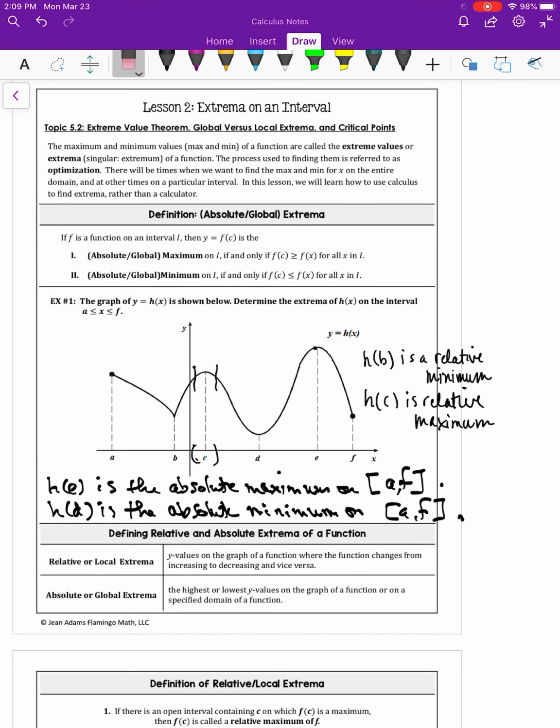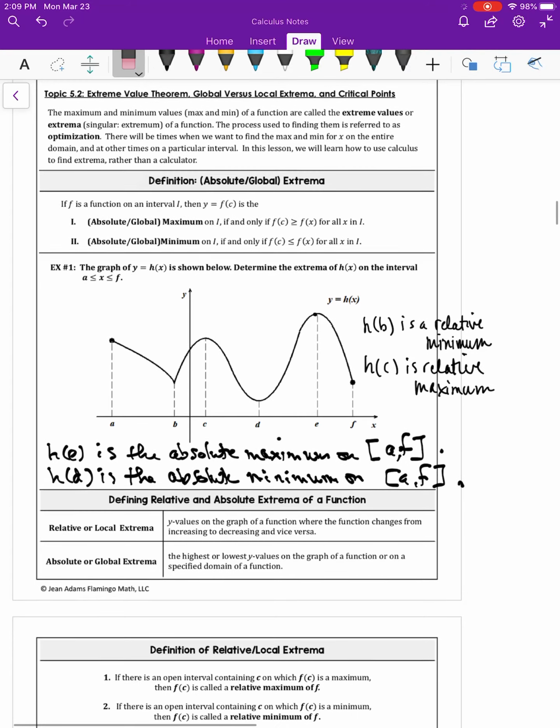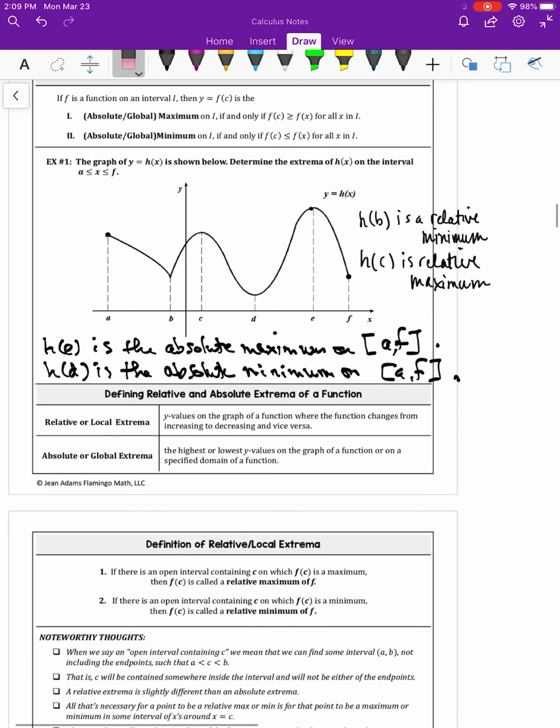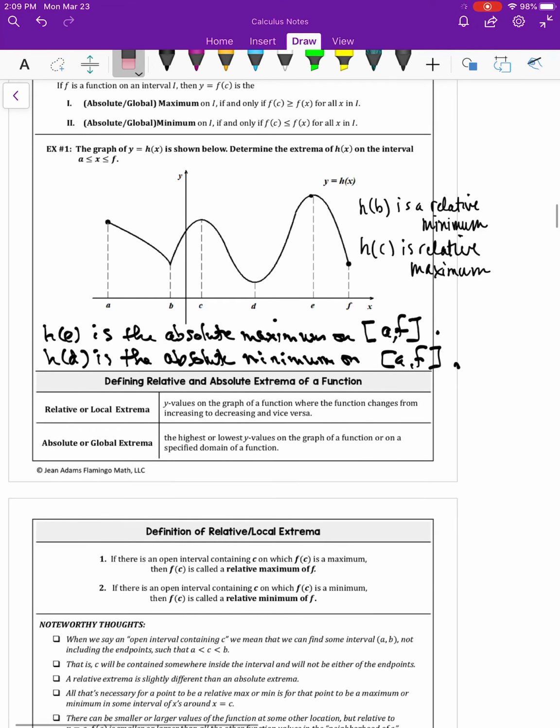And we already said that D was our absolute, okay? And we said that E was our absolute. So we're not going to look at our endpoints here. The only time we consider our endpoints is if one of our endpoints is an absolute.